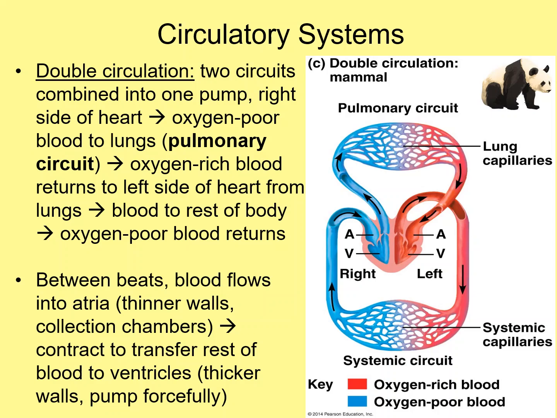So in between heartbeats, our blood is going to flow into the atria. So both atria are going to fill in that relaxation. Contraction is the beating, right? So you have contraction that's forcing the blood from the atria into the ventricle, for example.